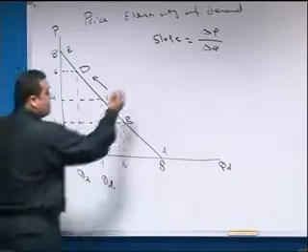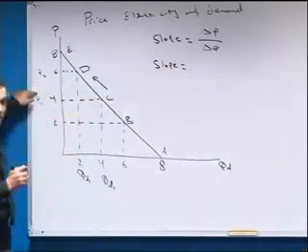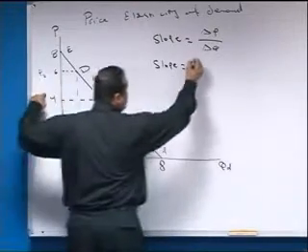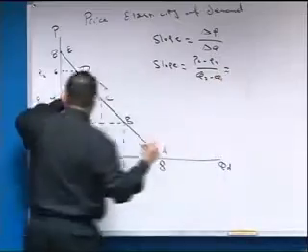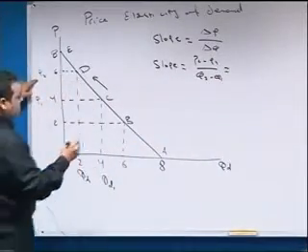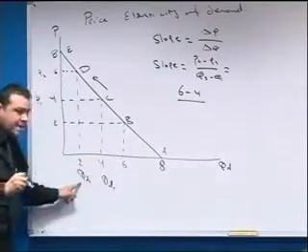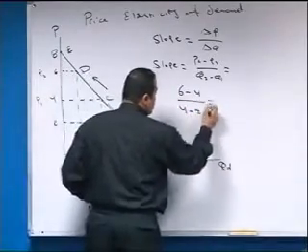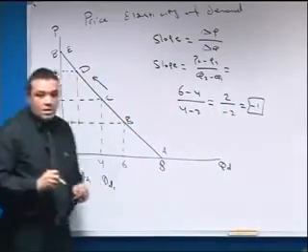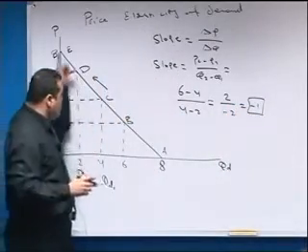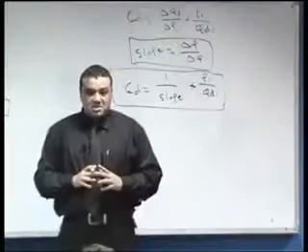Right? So the slope equals P2 minus P1 over QD2 minus QD1, from C to D: 6 minus 4 over 2 minus 4, which equals 2 over minus 2, equals minus 1. If we calculate the slope along this demand curve, it would be minus 1 in all cases, right?